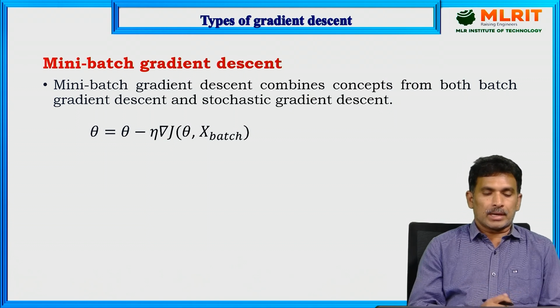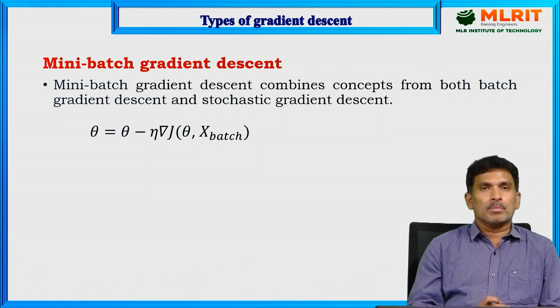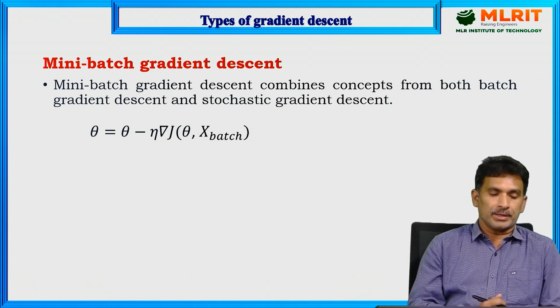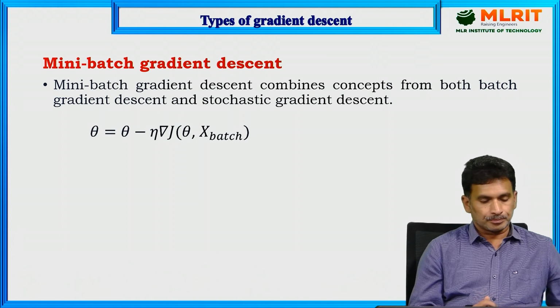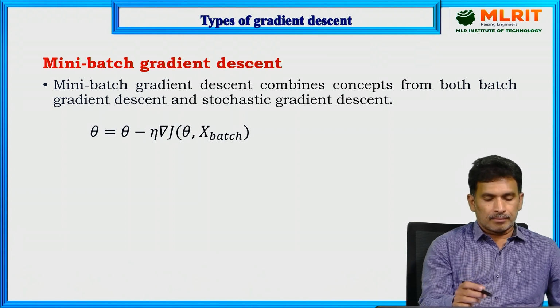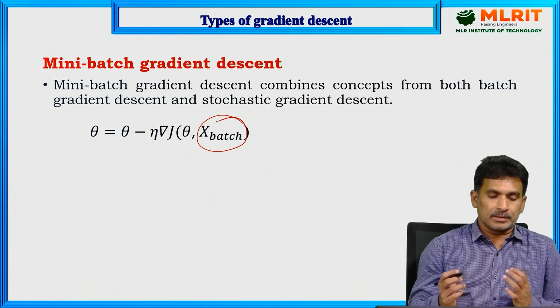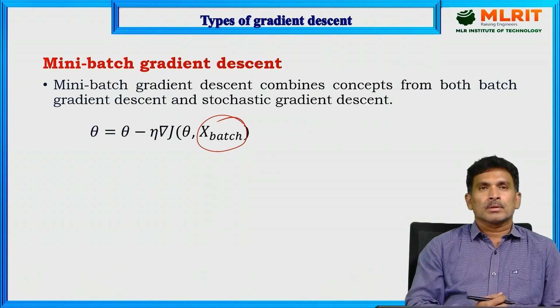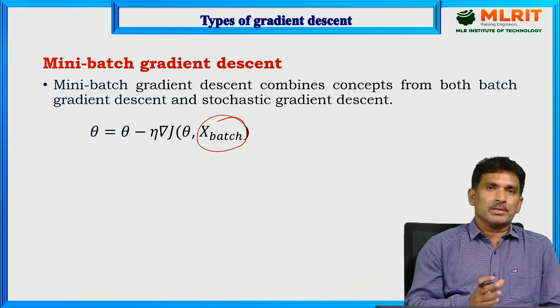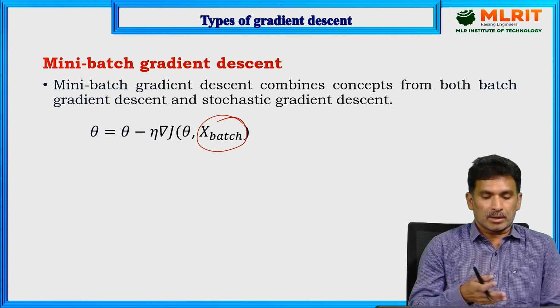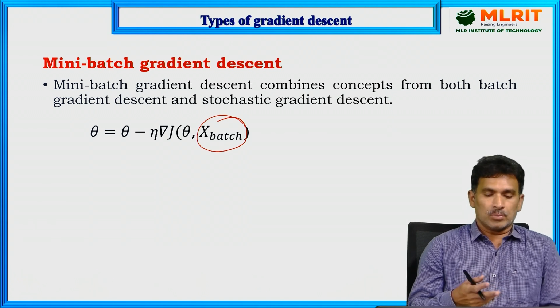The next category is mini batch gradient descent. Mini batch gradient descent combines concepts from both stochastic gradient and batch gradient descent. For each batch, suppose the batch size is 100 samples, after evaluating the 100 samples, it will update the parameters, the model.